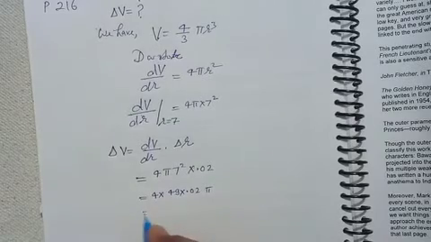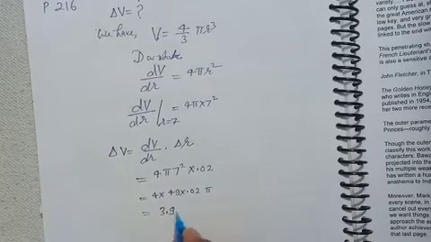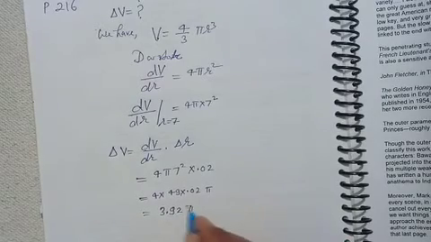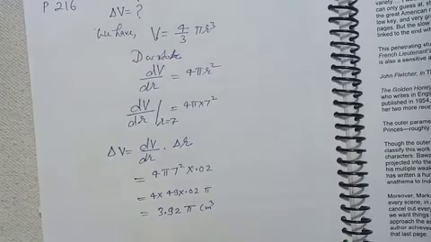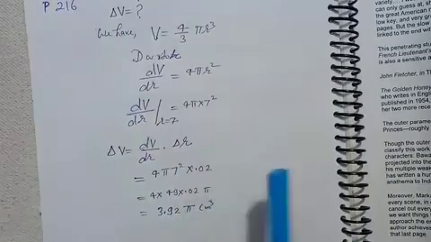This is 3.92 pi cubic centimeter. This is the approximate error in its volume. On the same pattern you can practice other questions also. Thank you.